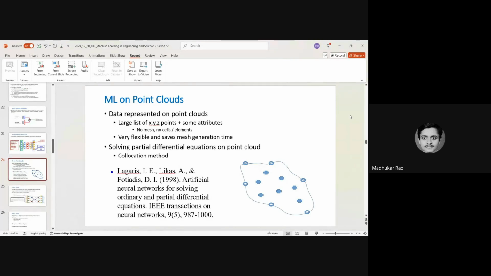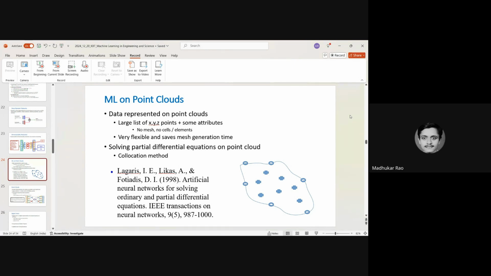It fires a laser at an object, measures the time of flight, and gives you your XYZ coordinates and other attributes like color and so on. So for example, you can take a scan of your entire building or house, and you can reconstruct a geometric model of your entire house using that.